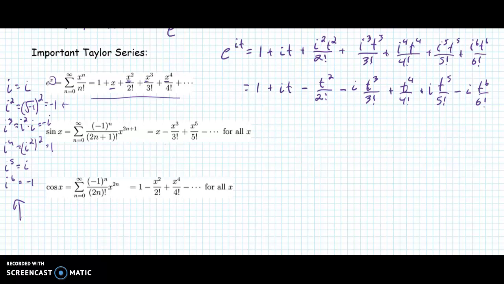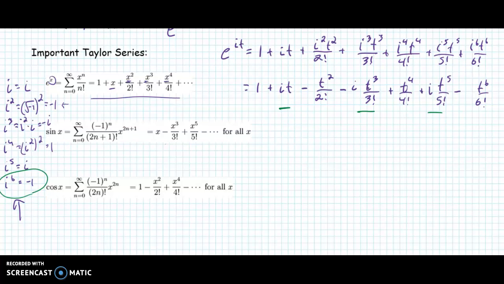So from here, I'm going to split this up into different parts. Oh, I messed something up there, didn't I? Did you catch it? The i should not be there on the 6th term, because i to the 6th is negative 1.